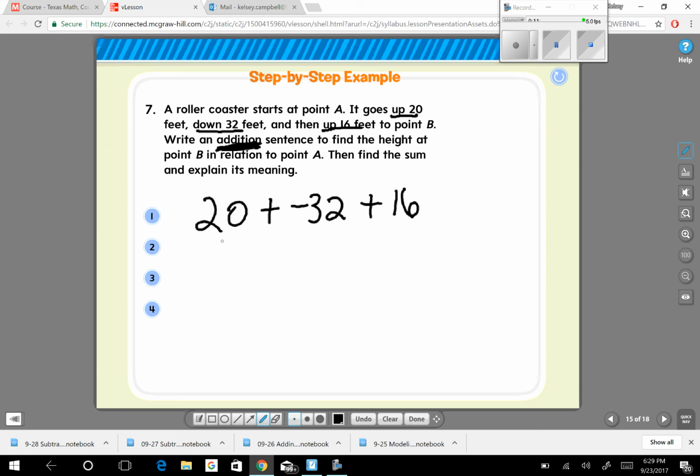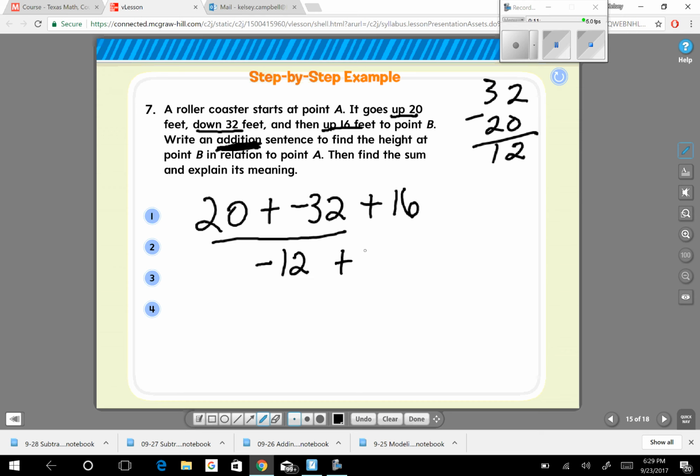We're going to go from left to right. 20 plus negative 32. 20 is positive, 32 is negative, so they have different signs, so you have to take their difference. 32 minus 20 is going to be 12. And your negative number is the bigger one, so it's negative 12.